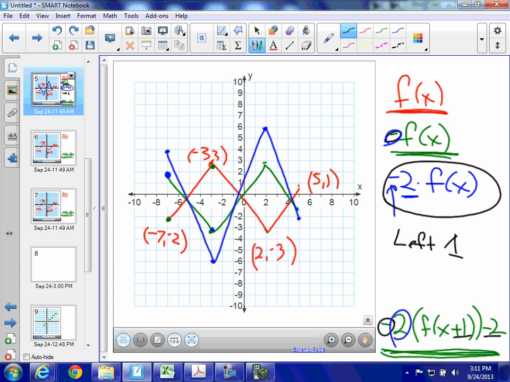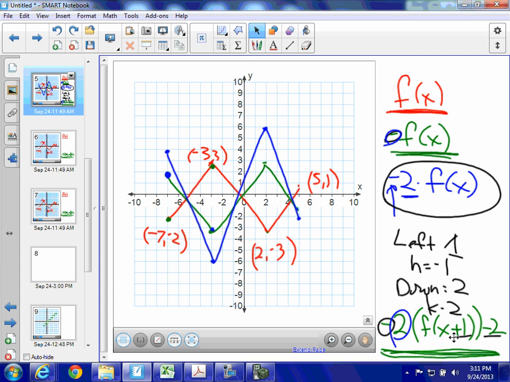So my h is negative 1, and down by 2, because my k is negative 2. So every point on my graph is going to move to the left by 1 and down by 2. And I'm looking at the blue graph, right? My last transformation before this. Now I'm going to do my h and k.